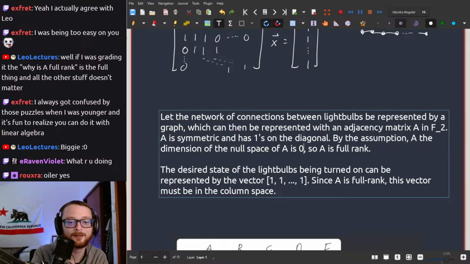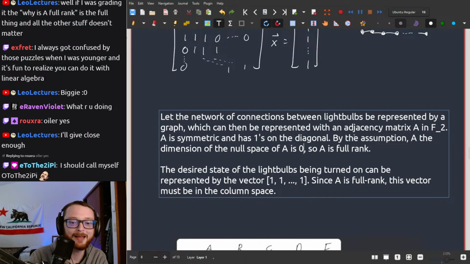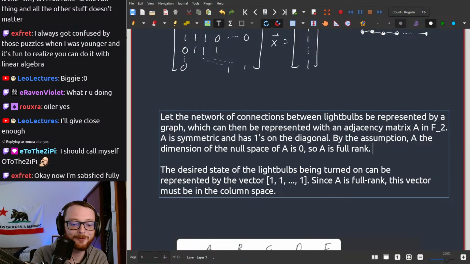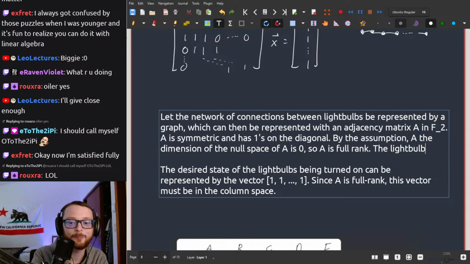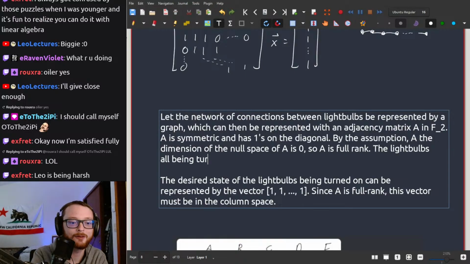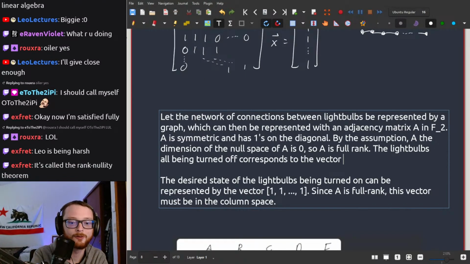I know why this is true. I just am having trouble putting it into words. The light bulbs all being turned off corresponds to the vector 0, 0, 0. And the assumption means there can't be a non-trivial vector that gives you this.